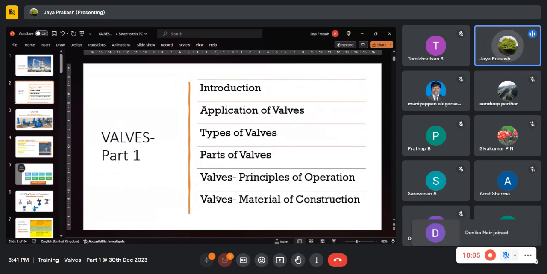And then material of construction. With this, we'll conclude this part one, so that in the next session we'll go into detail about valve inspection and testing. Okay, we'll start with part one about basic concepts.